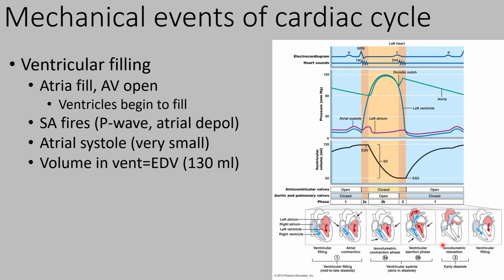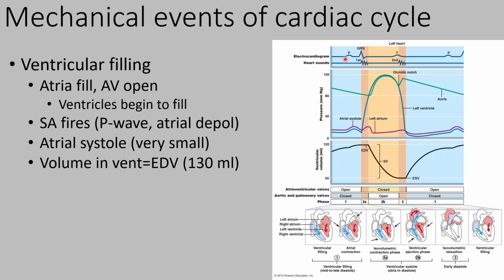At this time, this is when the SA node fires. Over here, this is called the Wiggers diagram, and it's really showing a whole lot. But up at the top, the very top line, this is the EKG. So right here is where we are.